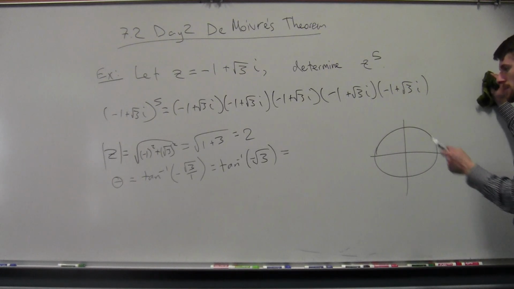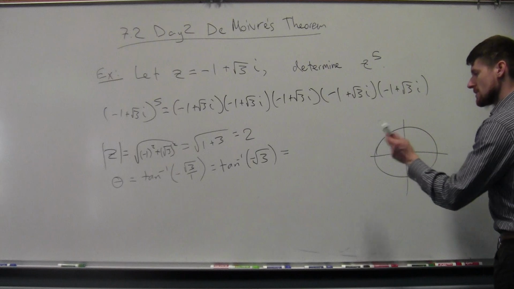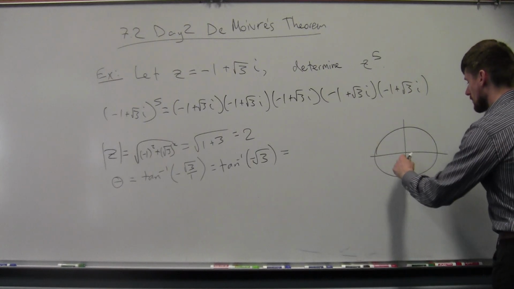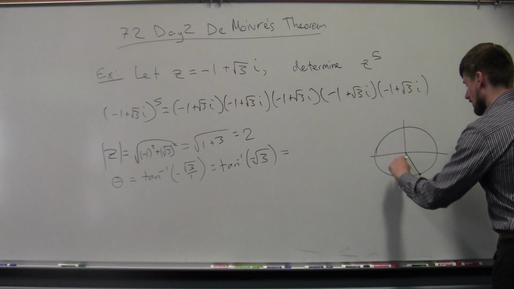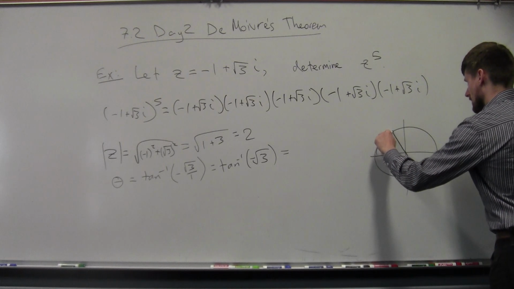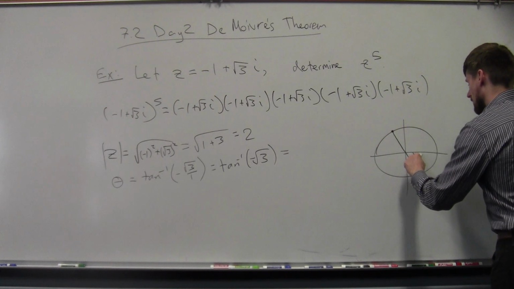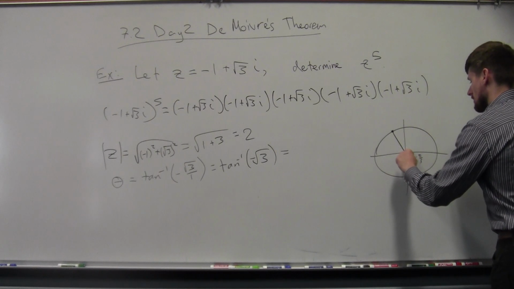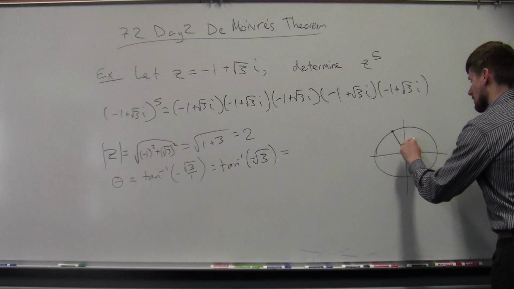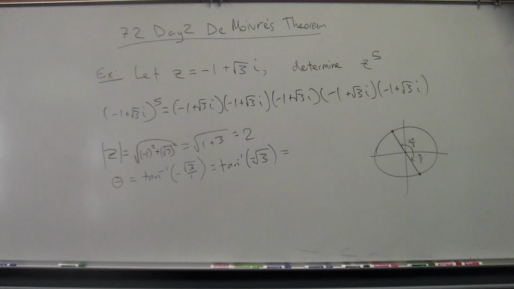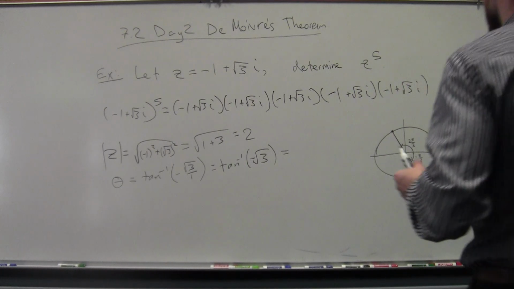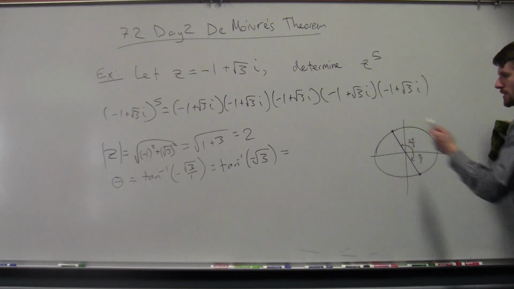Negative root 3, my slope is negative, and it's steep-ish, root 3. So this one is going to be this angle and this angle. This is negative pi over 3, and this one up here is 2 pi over 3. So these are my 2 angles for this.